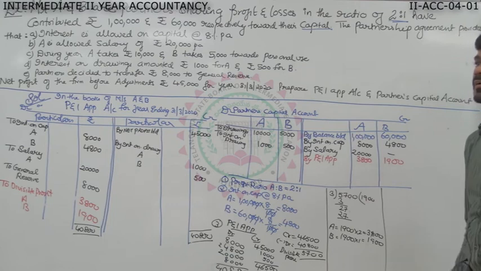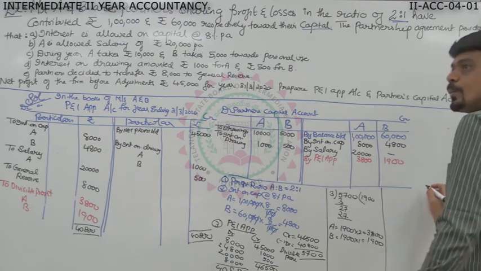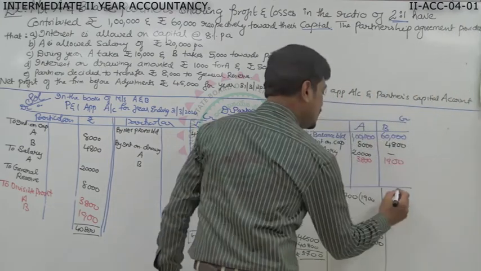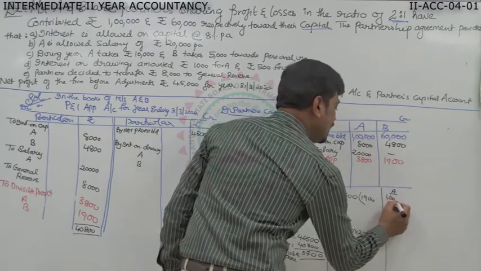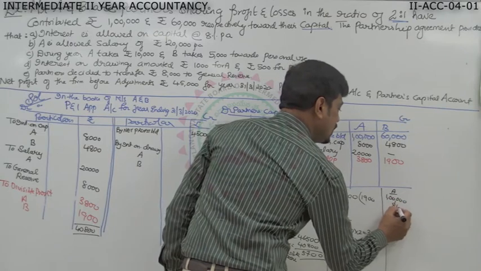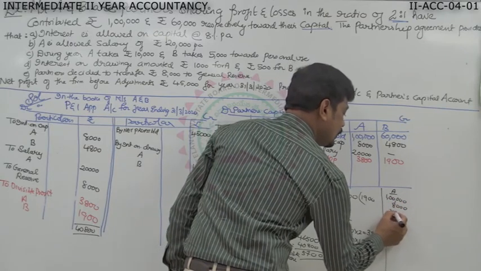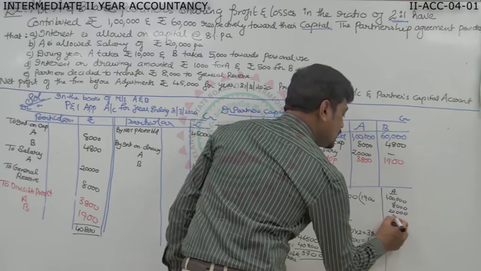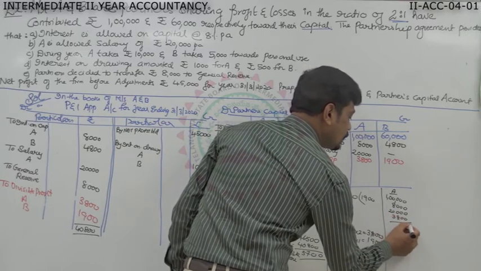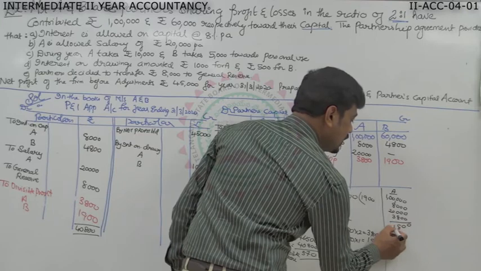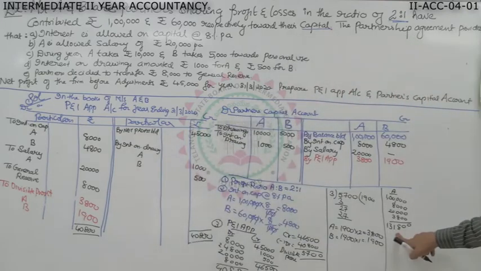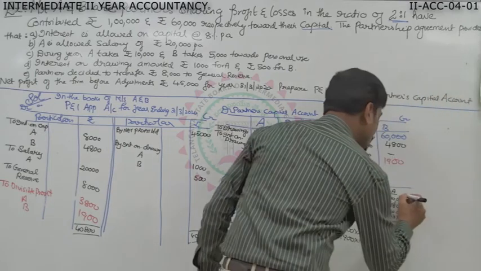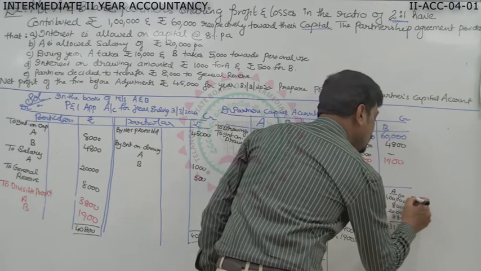Partners' capital. A and B. So, let us see for partner A. We'll write A. We'll write his credit figures. 1 lakh, then 8,000, 20,000, 3,800. So it comes 1,31,800 credit. Now we'll do debit of him.